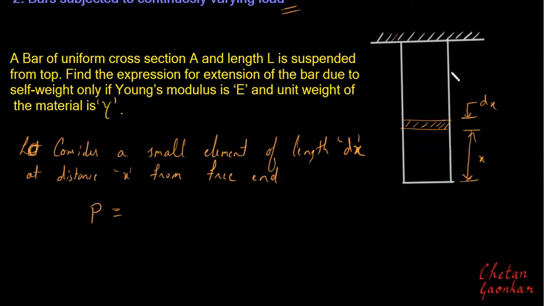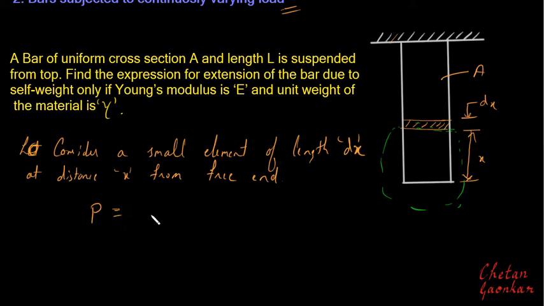If the cross sectional area of this bar is A, then the volume up to here will be nothing but the cross sectional area multiplied by this length, which is x.